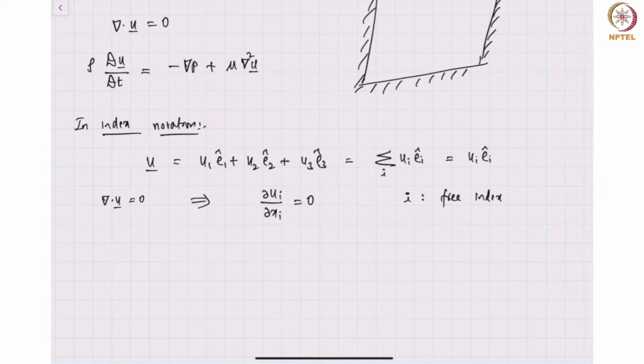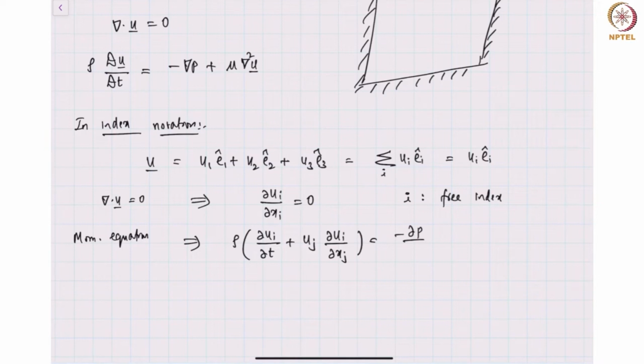So i is the free index, and if I write down the momentum equation, it becomes density times del ui by del t plus uj del ui by del xj is minus del p by del xi plus mu del square ui by del xj square.